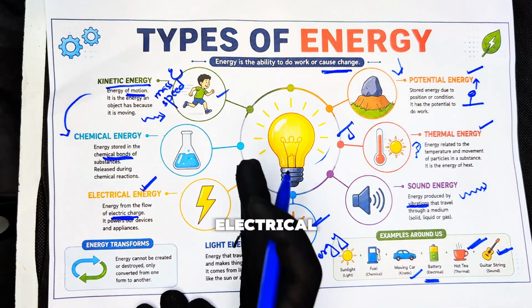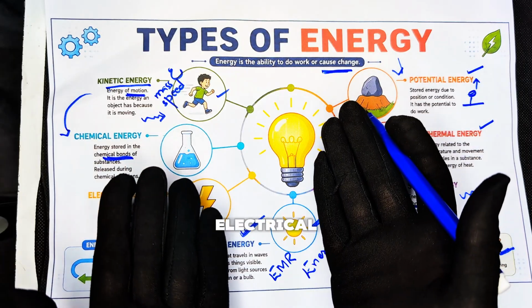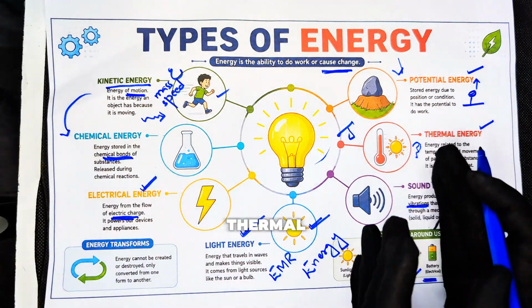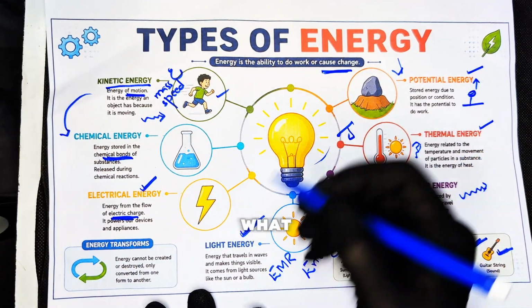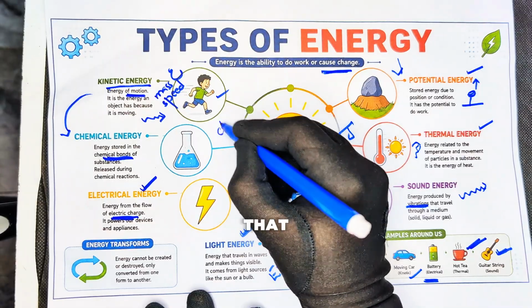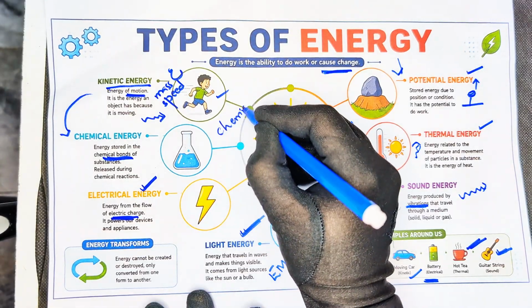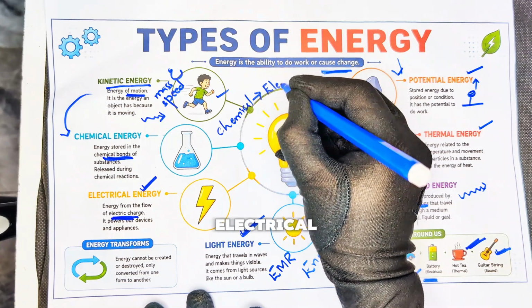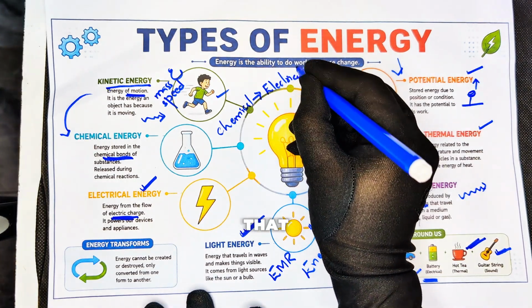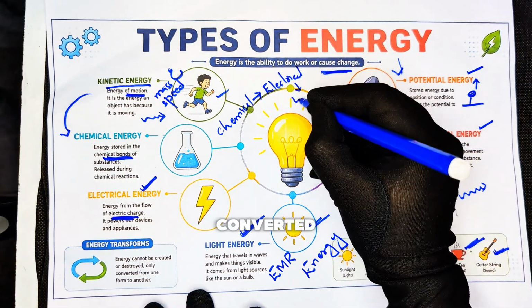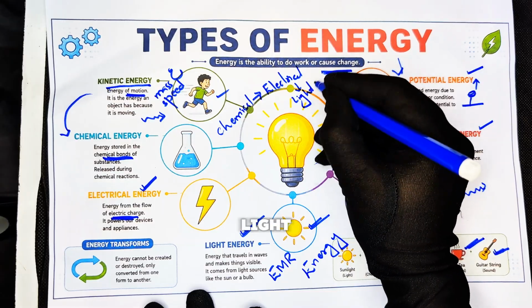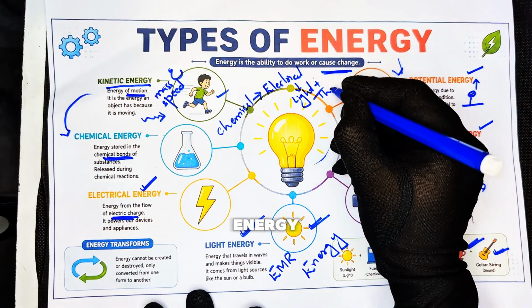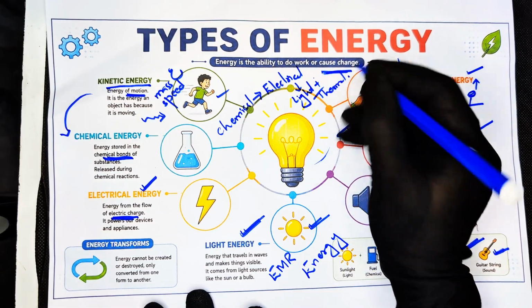That becomes electrical energy, and the bulb changes electrical energy mainly into light and thermal energy. What I am trying to say is that the chemical energy of the flashlight is converted into electrical energy, and that electrical energy is then converted into light plus thermal energy as it produces heat.